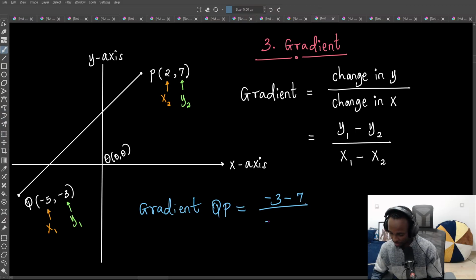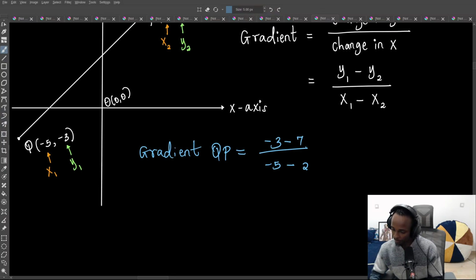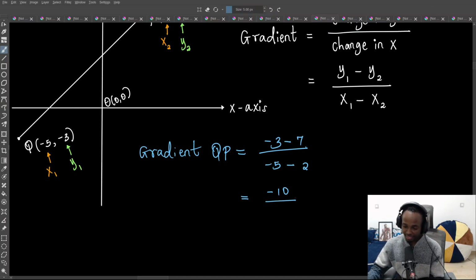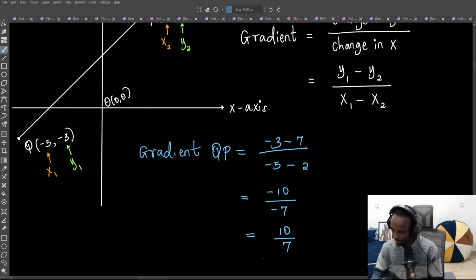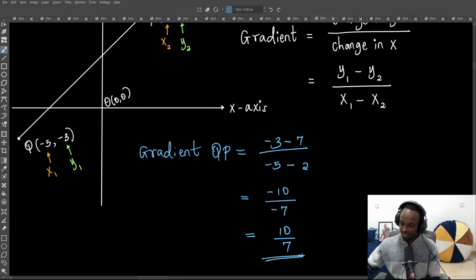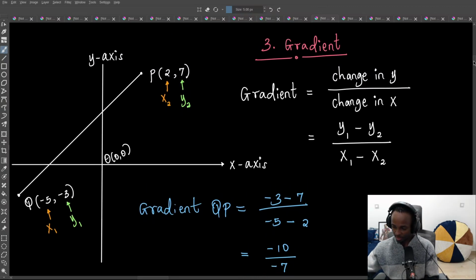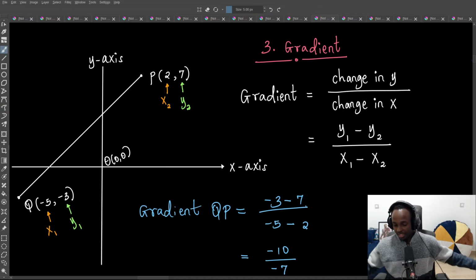So x1 is -5 minus x2, which is 2. So what does this give us? -3 minus 7 will give us -10 over -5 minus 2 will give us -7. So the gradient of QP is 10 over 7. So that's the gradient of the line in our case. So that's it about the gradient.